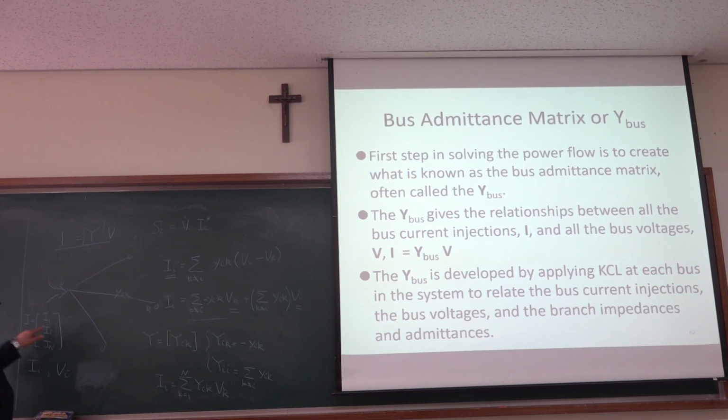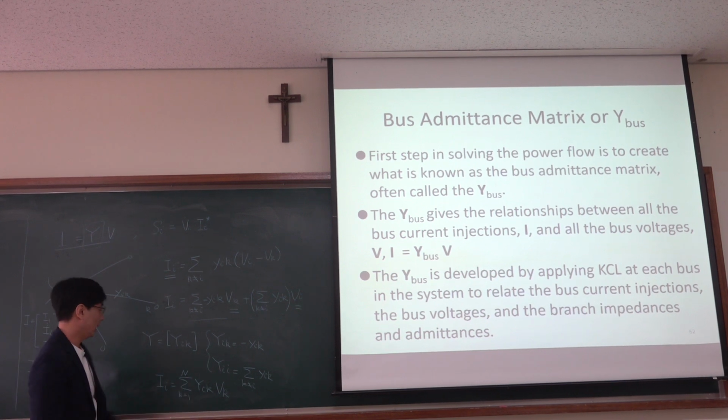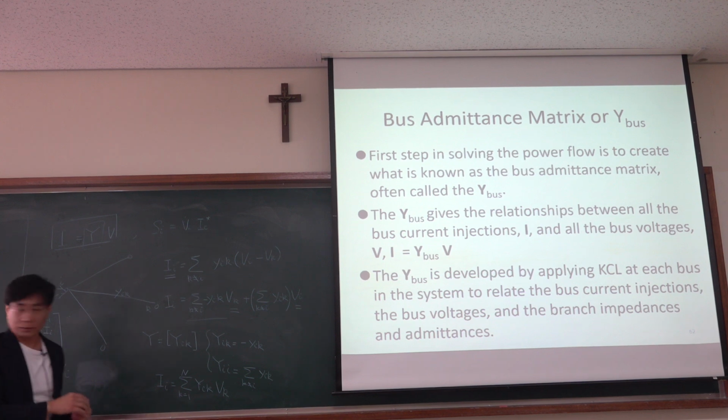The i-th element of current is the linear summation of the voltages, and the matrix notation of that is this one. Any questions about this derivation? Do you agree with this? Yeah, obvious. Okay.